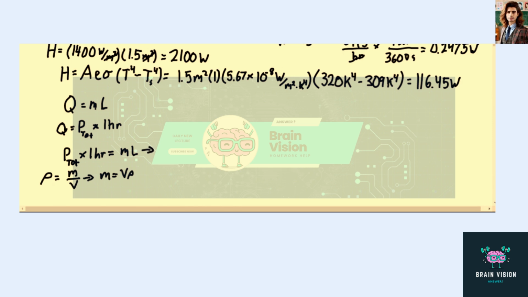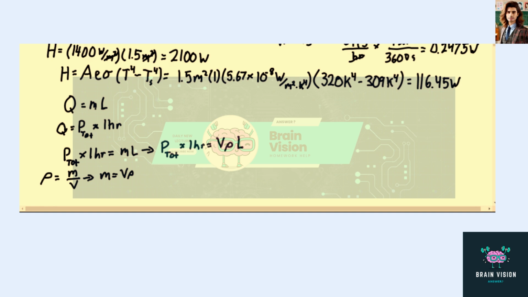So we can rewrite this expression to say that P total times 1 hour is equal to V times rho times the latent heat L. Now we want to find how much sweat per hour this person needs to produce.